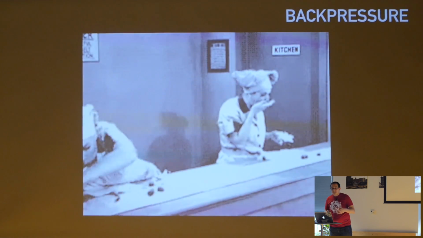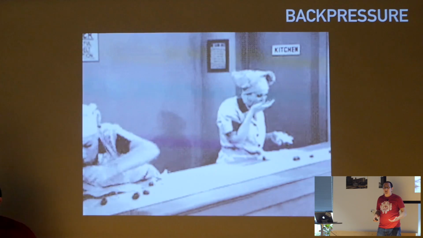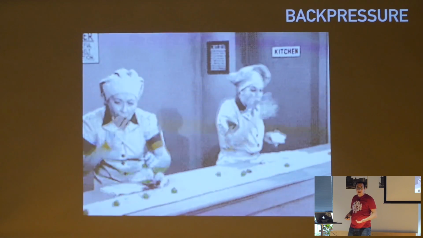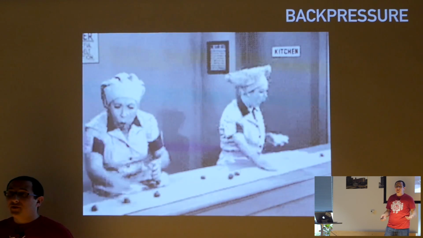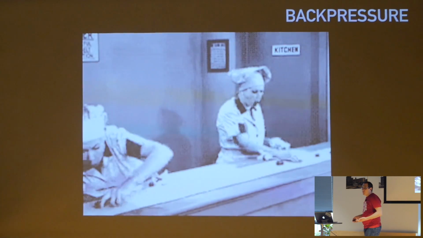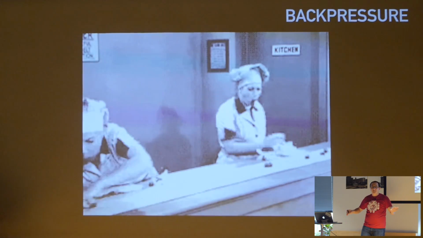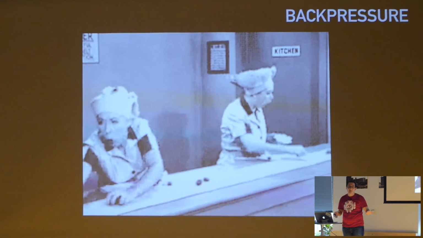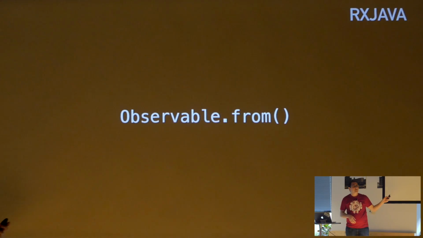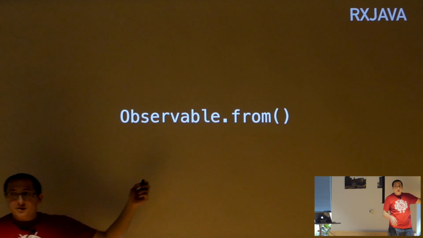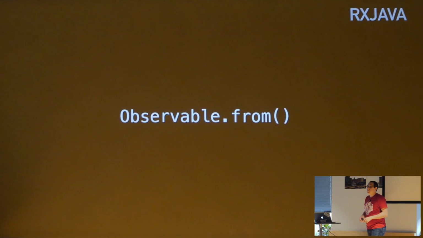So we might want to see how we created observables. We were used to observable.just. Well, they didn't change that. Observable.just works exactly in the same way, so don't you worry. The changes, though, are here. So what does this .from do?